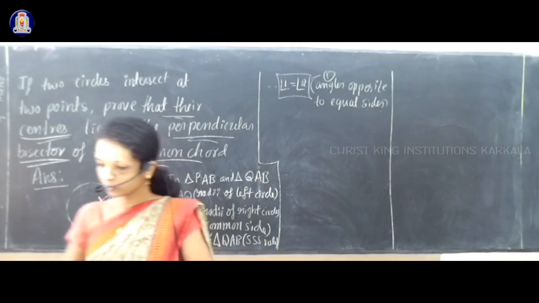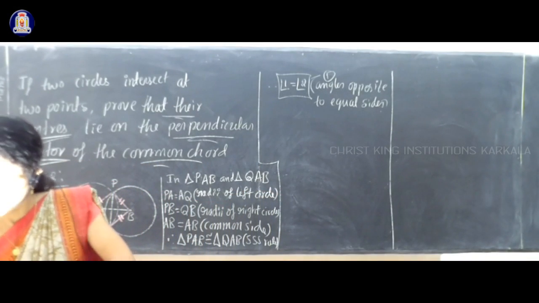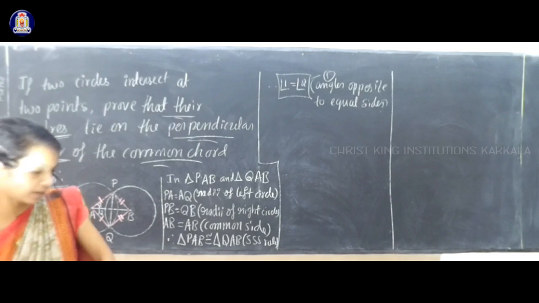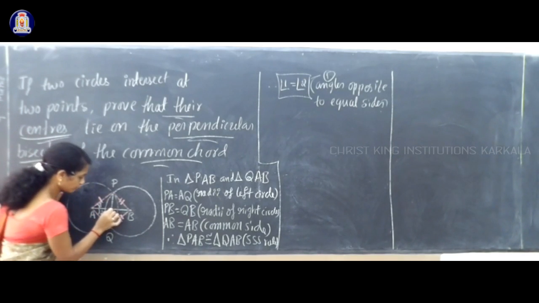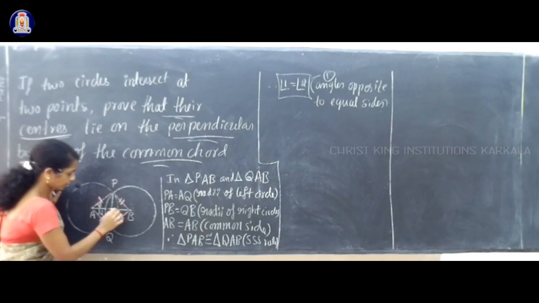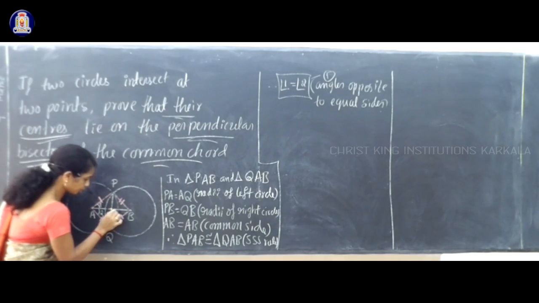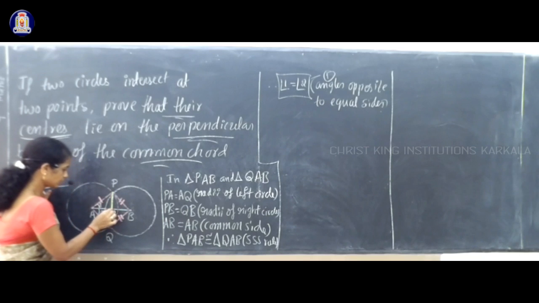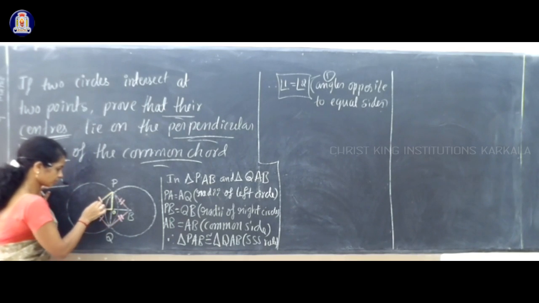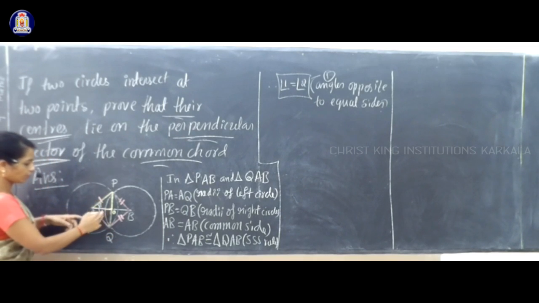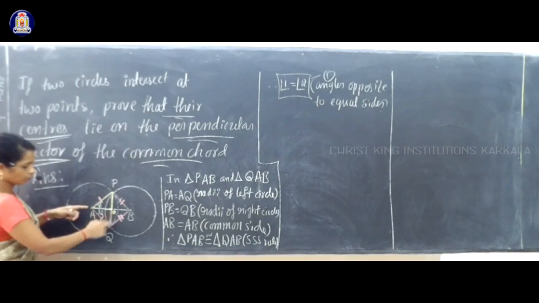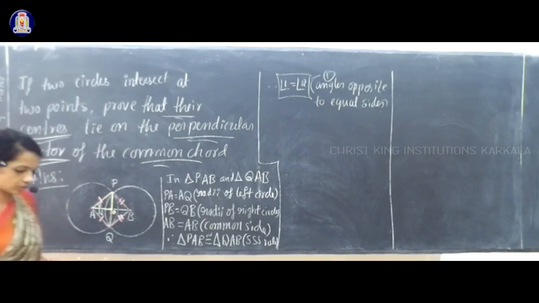Now you have to consider two more triangles. I'll highlight them. I take the point of intersection of PQ and AB as O. Now you see these two triangles, PAO and QAO.